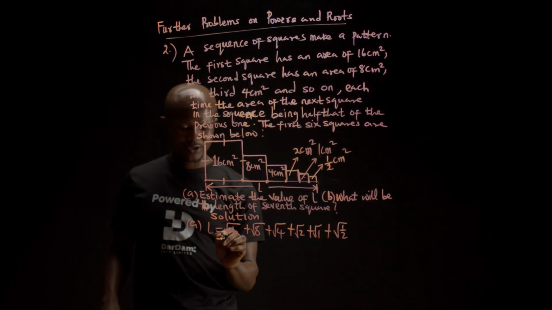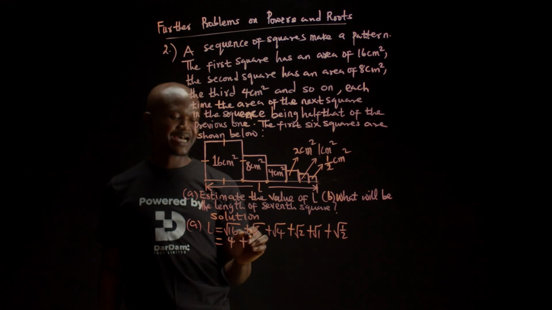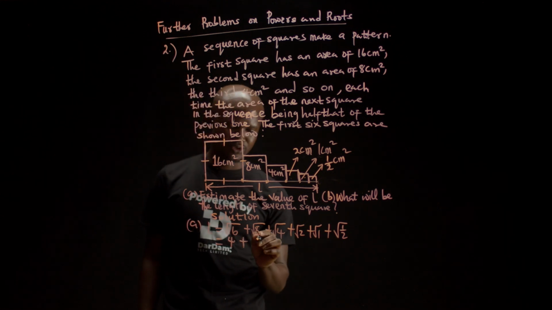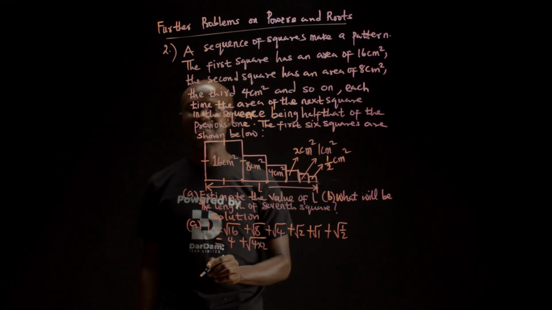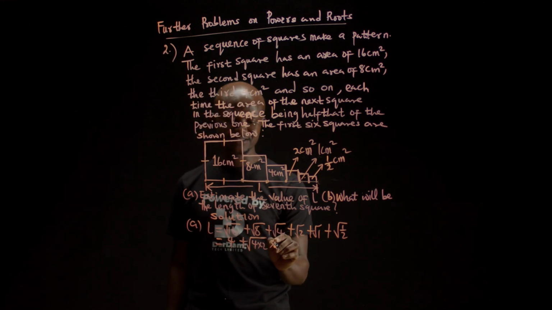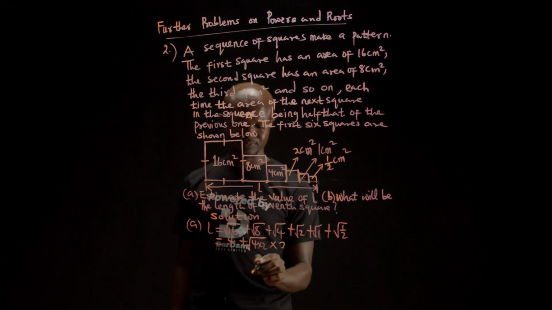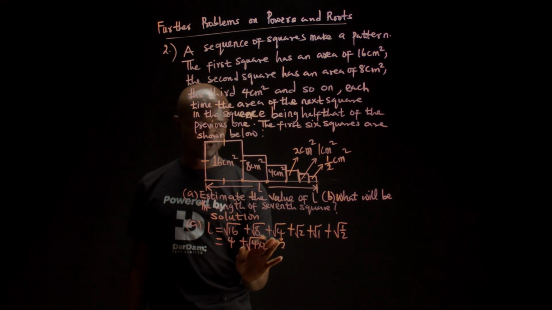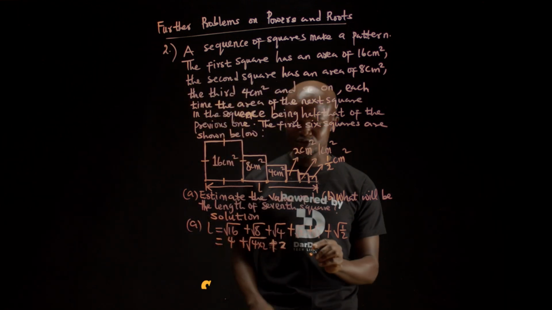Now, square root of 16, that is 4. And root 8, we can write it as what? 4 times 2, as a perfect and non-perfect. Then, square root of 4 is 2, so this is going to be plus 2.